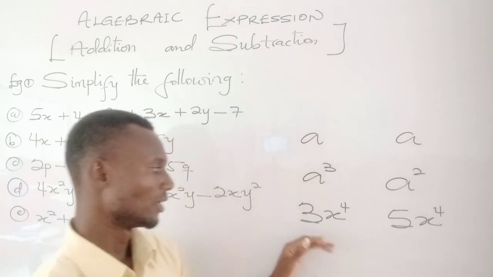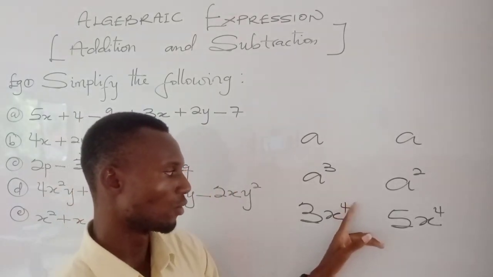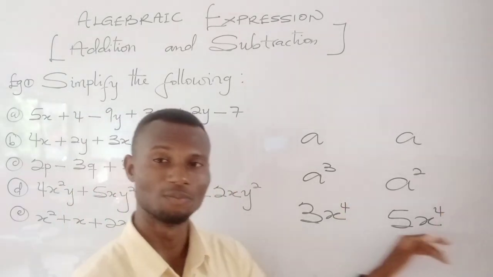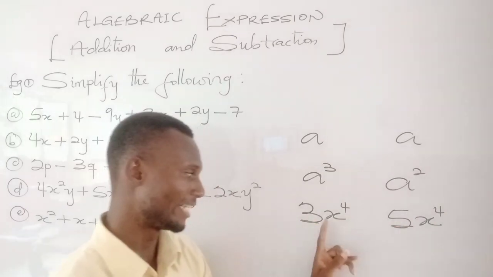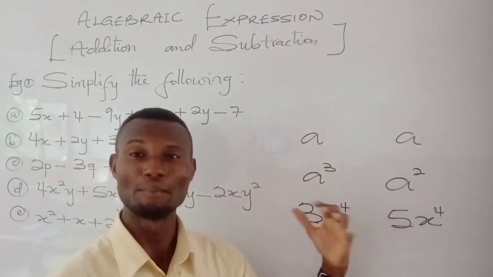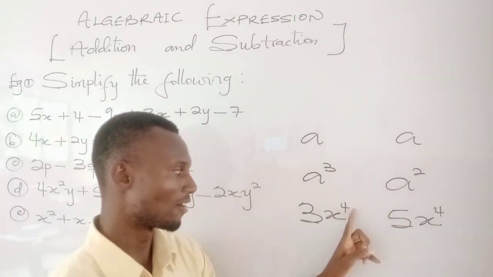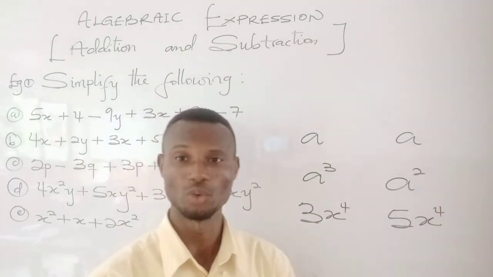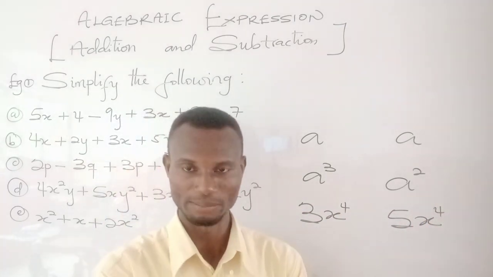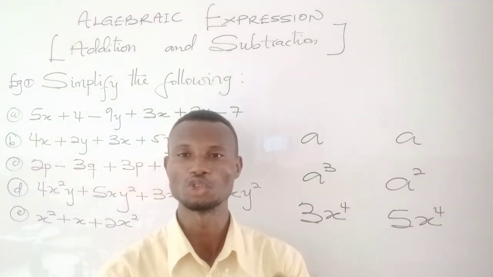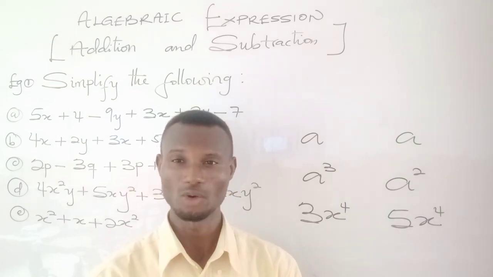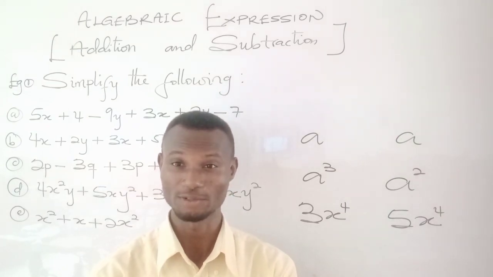We have 3s to the power 4, we have 5s to the power 4. The variables are the same, s here, s here, the powers are also the same, power 4 here, power 4 here, so it makes them like terms, meaning we can add or subtract them. I hope the explanation is clear enough up to this point.